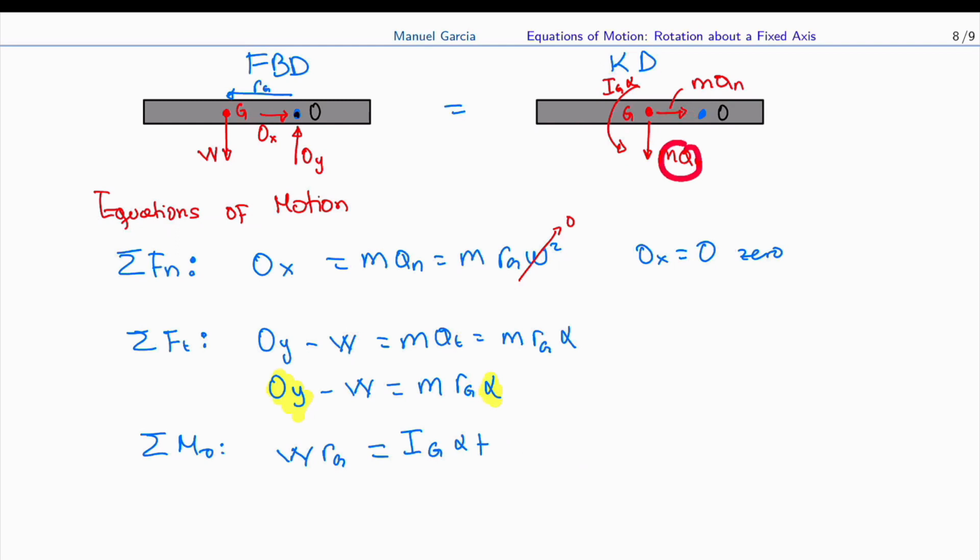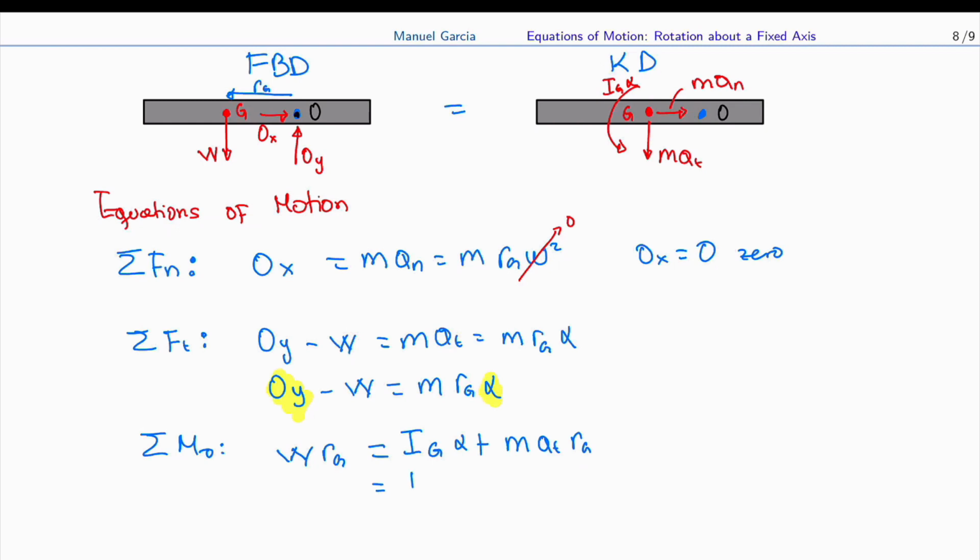So the moment of this one is mass multiplied by the tangential acceleration, times the distance, which is Rg. The tangential acceleration is Rg multiplied by alpha.